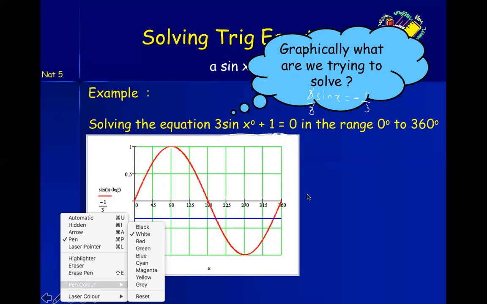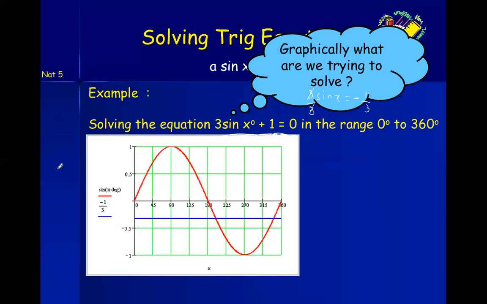So you could say, for example, in this case, I've got 3 sine x, an amplitude of 3. But instead of starting at 0, I'm going to start at 1, because I went up 1.